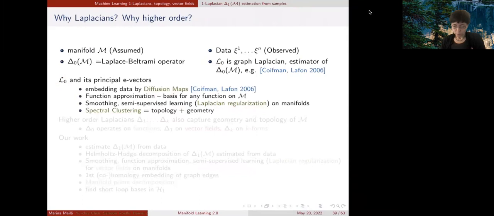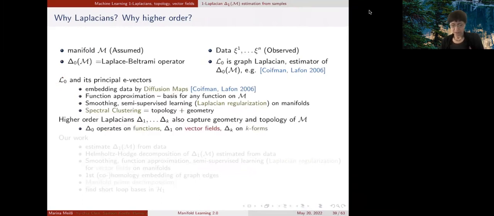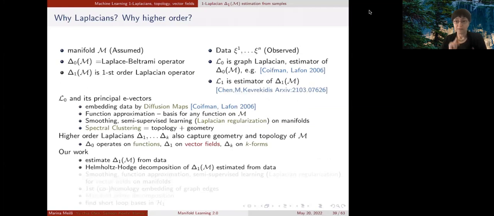So we believe that higher order Laplacians that I'm going to define also capture the geometry and topology of manifolds, and we would like to estimate the first order Laplacian in order to take advantage of its properties, just like for the zeroth order Laplacian. And this is what we are going to do first.